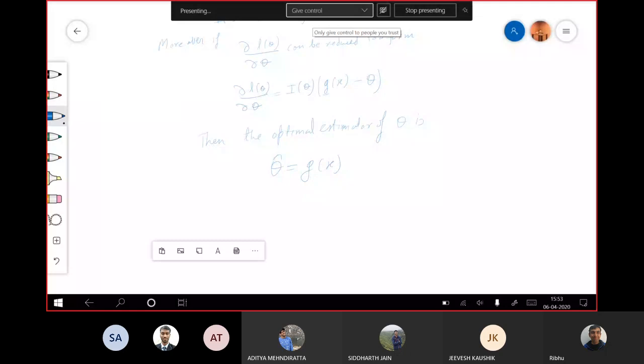For a vector parameter theta, the covariance of theta hat minus theta is positive semi-definite.